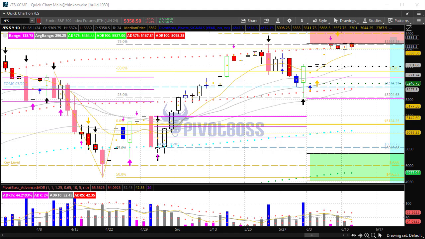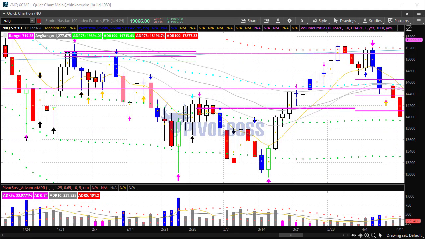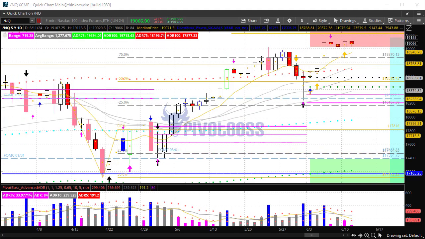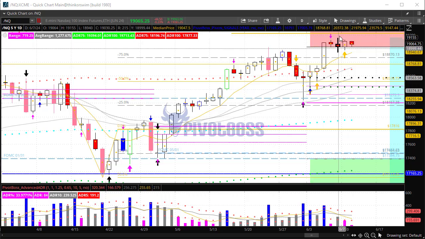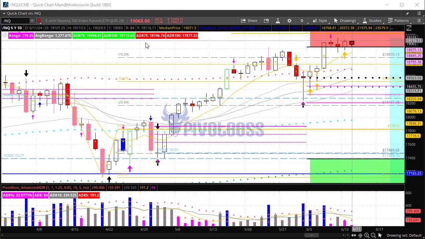We take a look here at the NQ. Similar price action here. This one also inside day right now, 34% of ADR, just 84 points of range. We had an inside day on Monday within the Friday high and low. This is likely going to persist again, just like the ES, where if we get up to Friday's high, it could be a fadeable event back down.